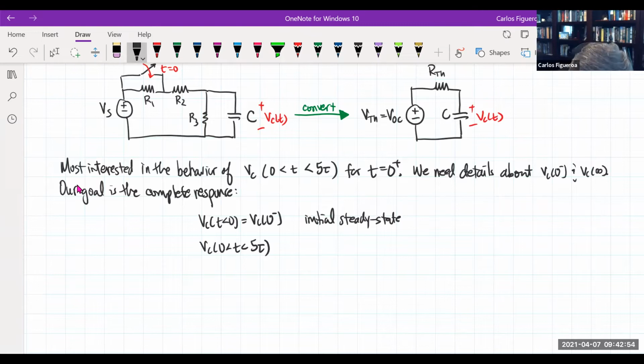This guy here is where we're looking at the time behavior of the state, the transient state. And then it finally gets to infinity. And you're going to see that this infinity is going to be the Thevenin voltage, the open circuit value here. And this will be the final steady state.